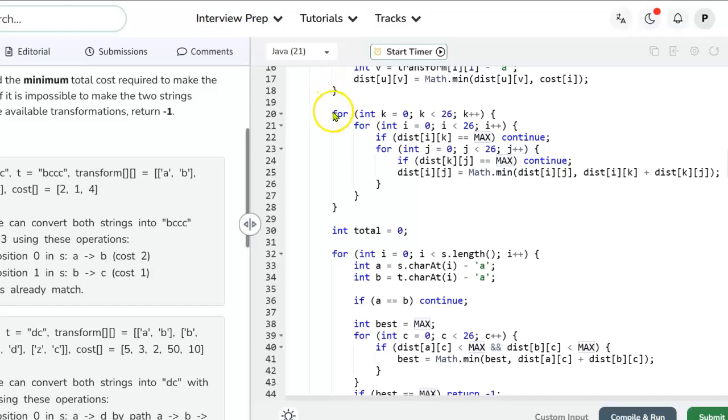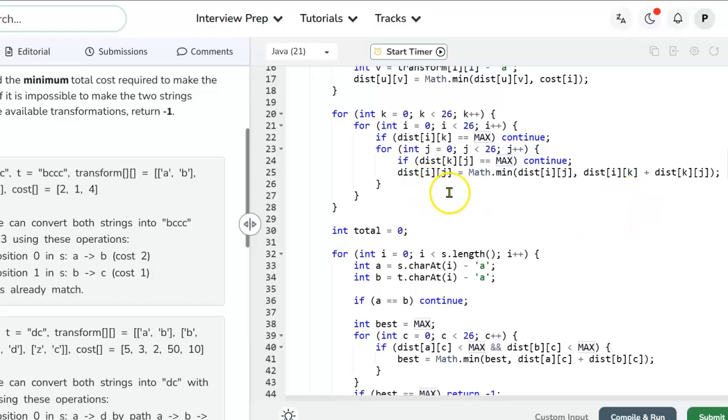And the way Floyd Warshall works is it's going to compare every combination of letters, I, J, and K. And it's going to check to see if we can improve on the distance that we currently have from I to J by going to some intermediate vertex.